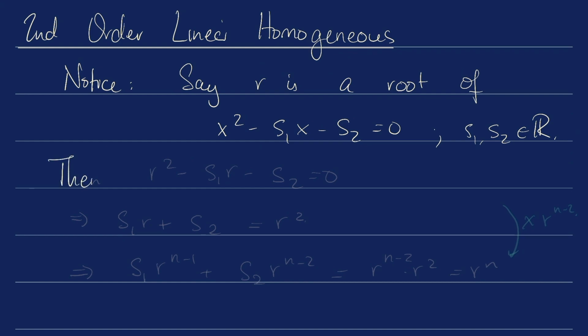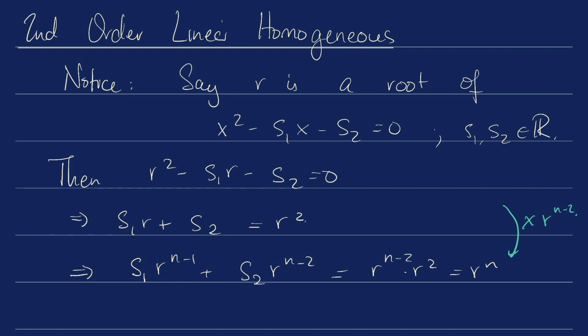Then r^2 - s1 r - s2 has to be equal to 0. Pulling terms to different sides, we get s1 r + s2 = r^2. And then by multiplying through by r^(n-2), we get s1 r^(n-1) + s2 r^(n-2) = r^n.